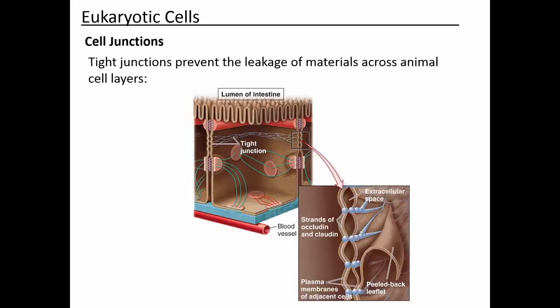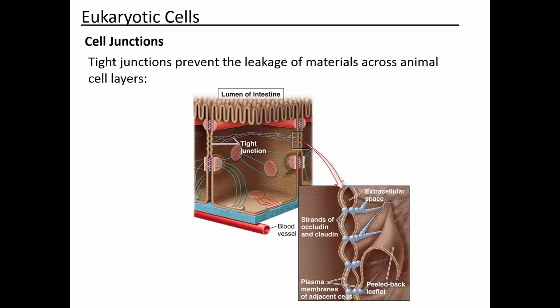Okay, so the next type of cell junction that we are going to talk about are tight junctions. I mentioned that these are going to hold two cells together, obviously very tightly, and they're going to prevent things from moving between two cells. The one example I gave you earlier, and that's also shown here, is the intestinal epithelial cells.